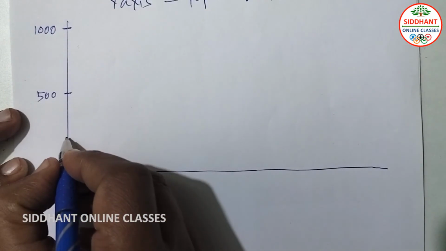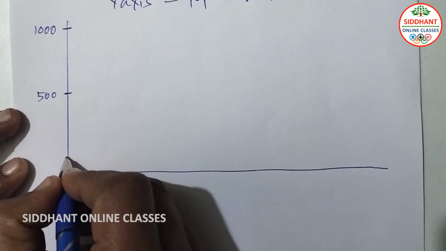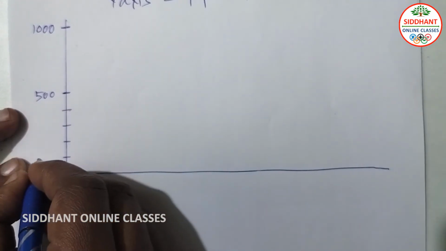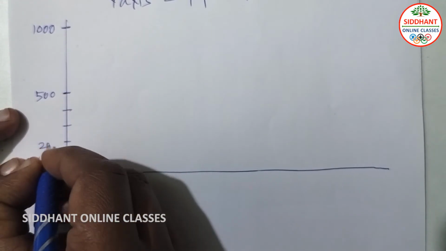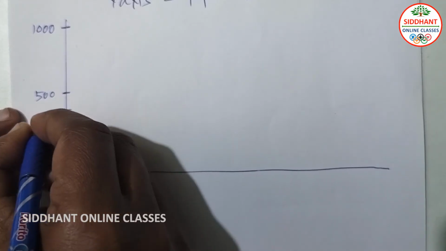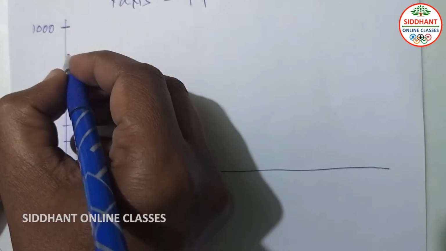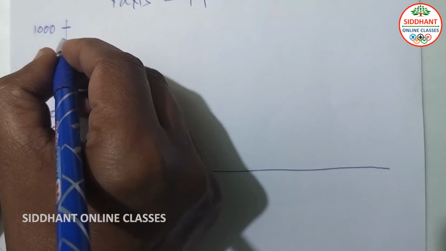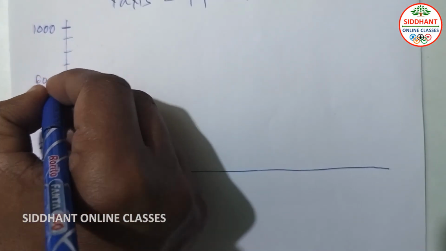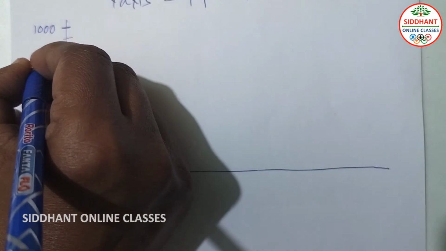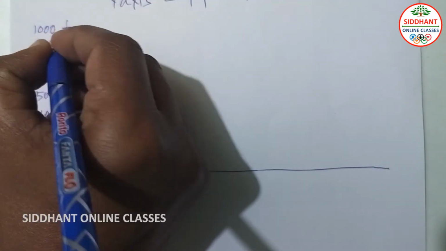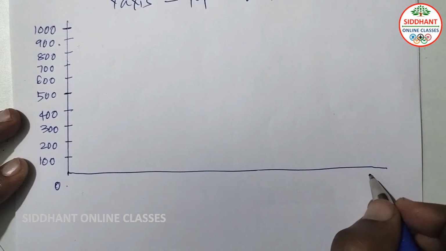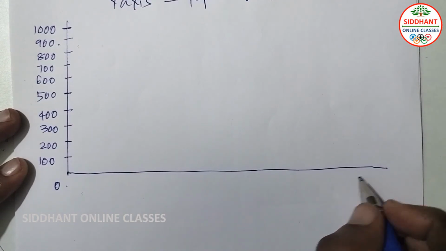From 0, 5 divisions, 1, 2, 3, 4, it will be 100, 200, 300, 400. Next 1, 2, 3, 4, this will be 600, 700, 800, 900.